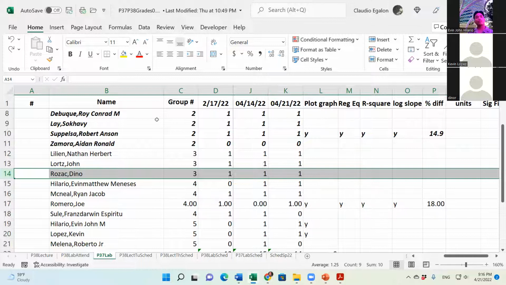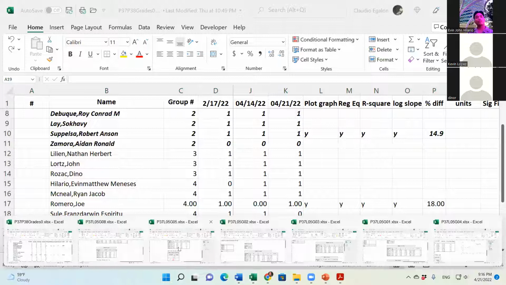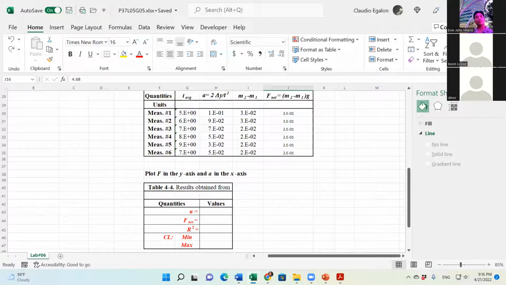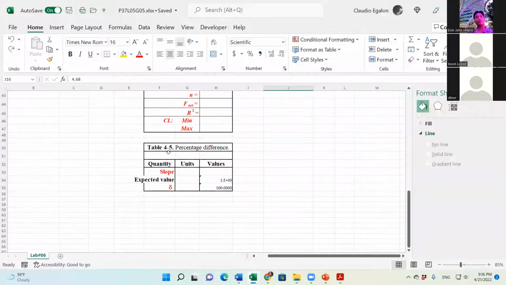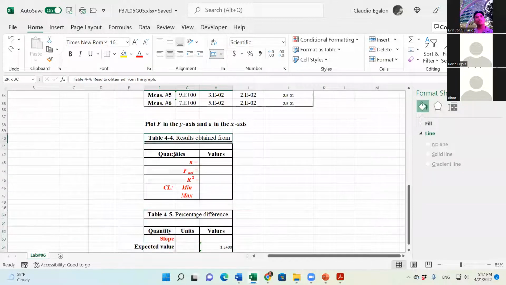Yeah, Professor. You mind walking me through table 5-4? Okay, your group number 5. Yes. Okay, this table here. No, the one above it. Ah, okay, 4.4.